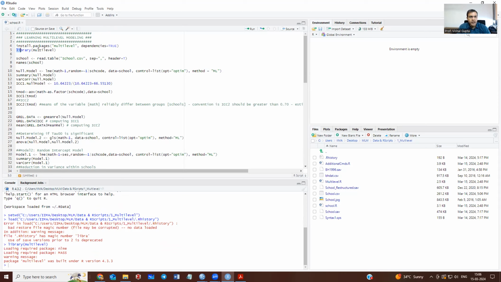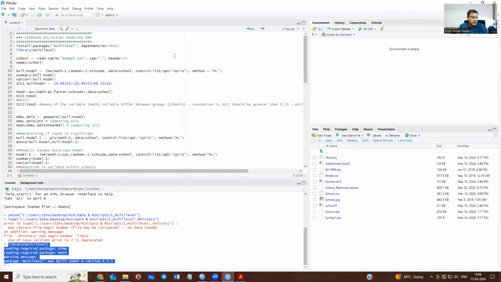So line number 5 is where I am linking, because last time we had already installed the package. So every time you open R, you don't have to install the package. Now we can simply link the package. So I have directly run line number 5, and you see it has run, and it says library multi-level. Correct?